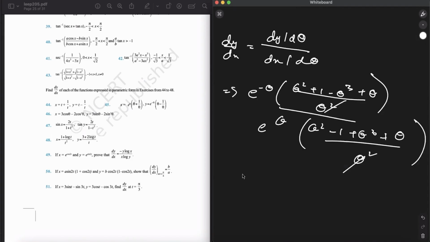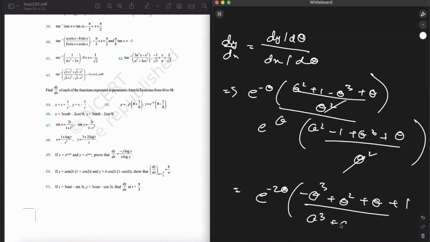So e raised to minus 2 theta, minus theta cube plus theta square plus theta plus 1, whole divided by theta cube plus theta square plus theta minus 1. So this will be your answer.